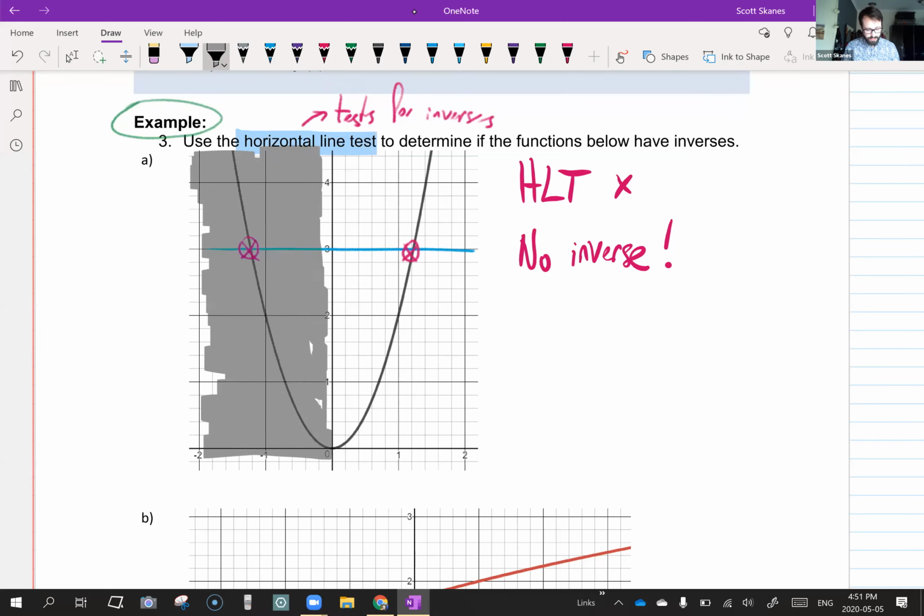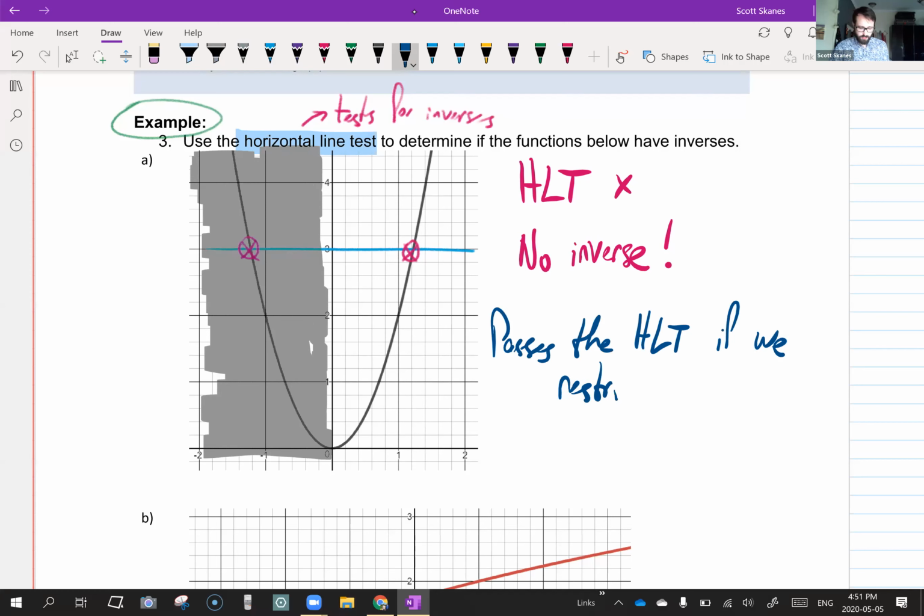So you delete part of the function, and then we can see it does pass the horizontal line test if we restrict the domain to x greater than or equal to 0.